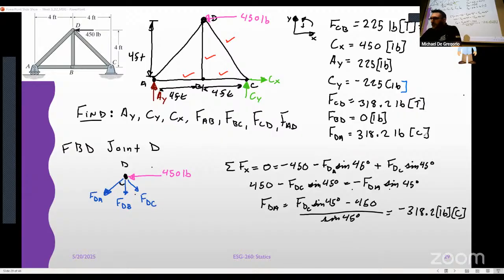Why would you report it as tension or compression instead of using the negative sign? It's a good question. The reason is that some people might use the opposite convention than you use. You could have assumed that positive was compression, and if I just leave them as positive and negative, then that person thinks it's the opposite of what it should be.